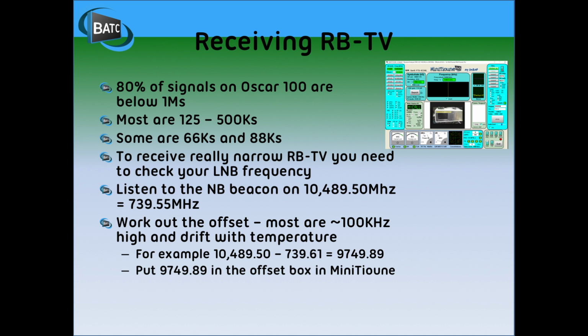And so how to do that is to listen to the narrowband beacon on your SDR and check what your offset is. You really wouldn't have to do this for narrowband, but for the narrow TV signals, this offset frequency really needs to be spot on so that you're within 50 kilohertz, let's say, of the signal. But you wouldn't have to do that with the beacon when you first start.